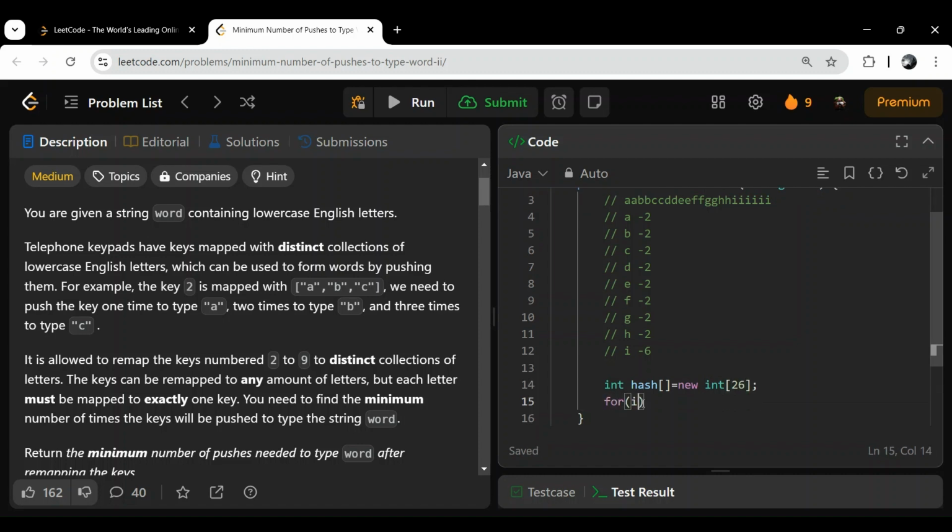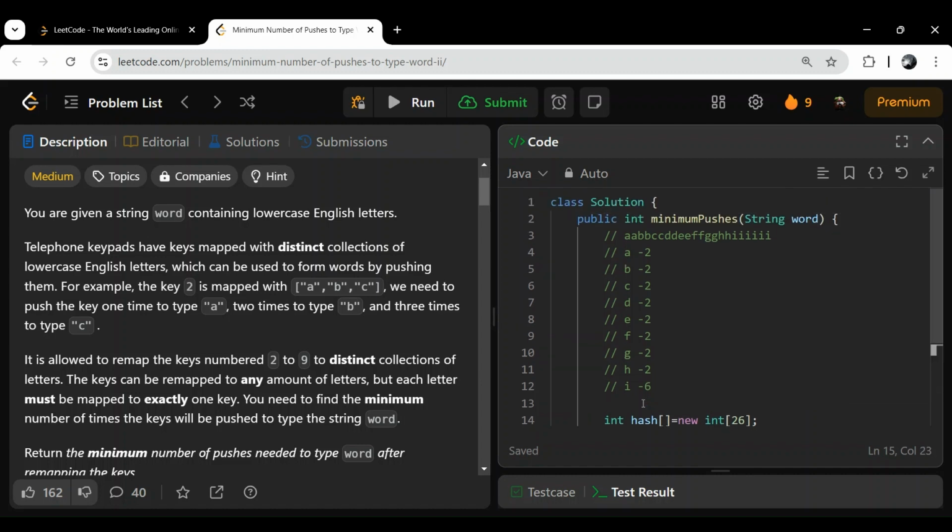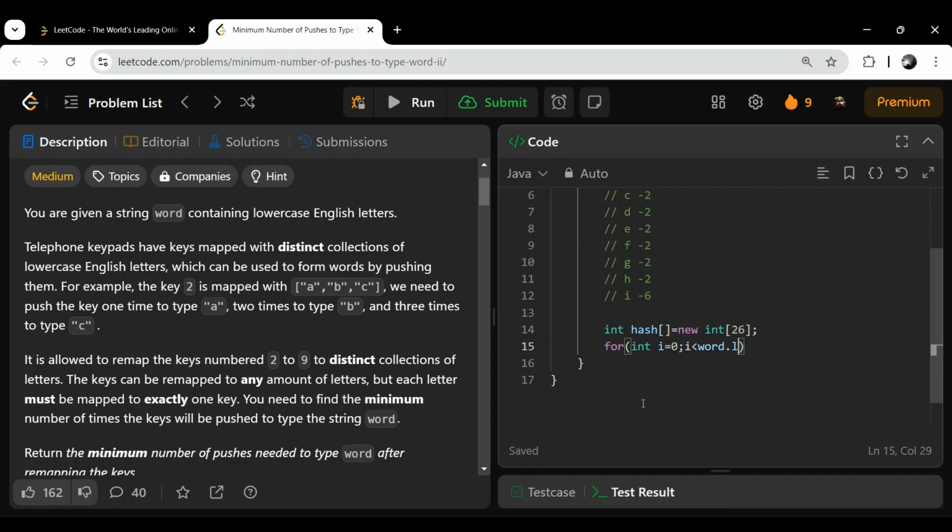And now for int i = 0, i less than word.length, i plus plus. So hash of, okay, what will I do here? hash[word.charAt(i) - 'a']++.